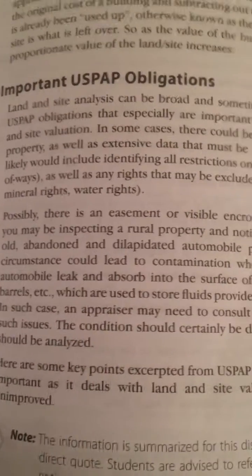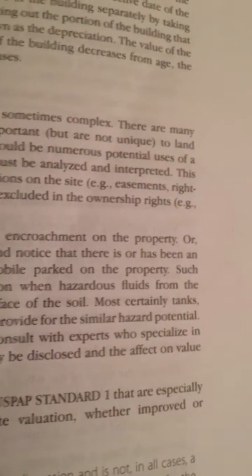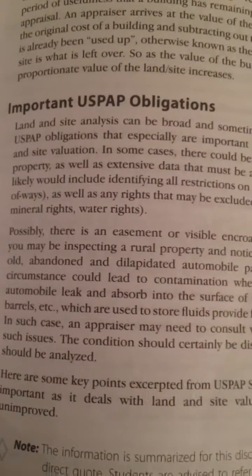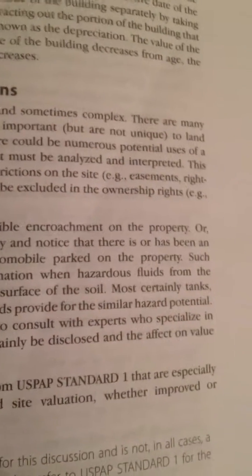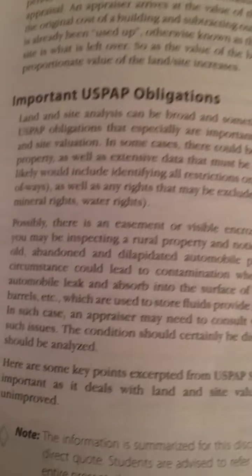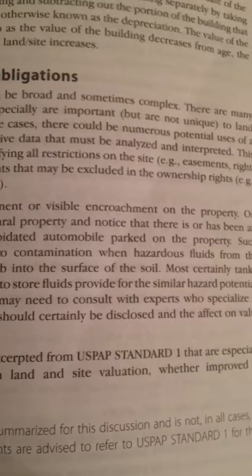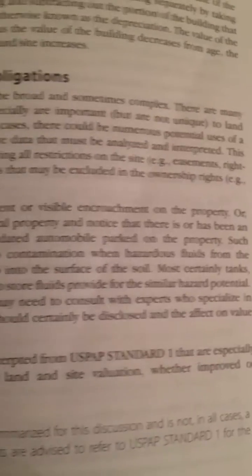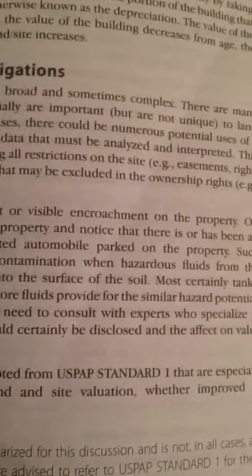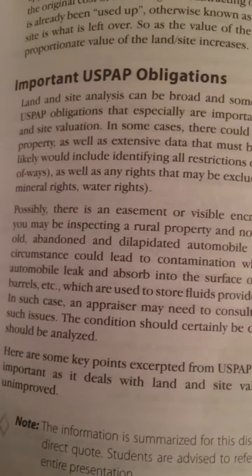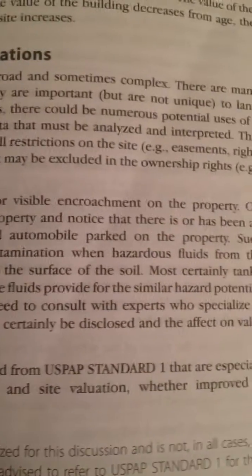Possibly, there is an easement or visible encroachment on the property. Or you may be inspecting rural property and notice that there is or has been an old, abandoned, dilapidated automobile park on the property. Such circumstance could lead to contamination when hazardous fluids from the automobile leak and absorb into the surface of the soil.